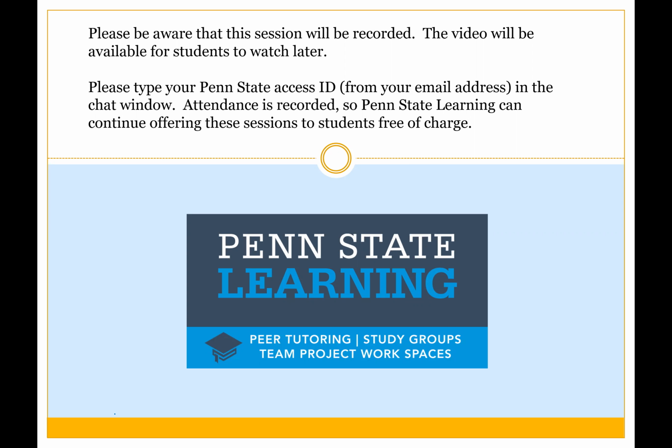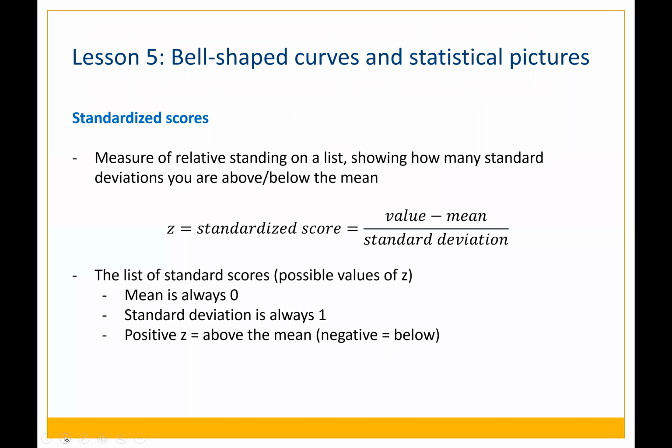So let's get started with lesson 5, which is bell-shaped curve and statistical pictures. You'll start to familiarize yourself with the concept of standardized scores and normal distribution. The first part is standardized scores.